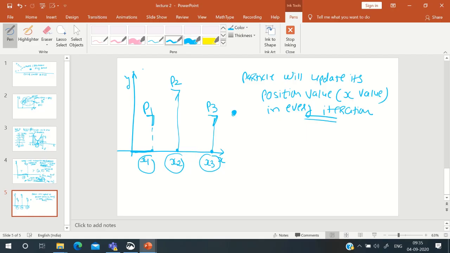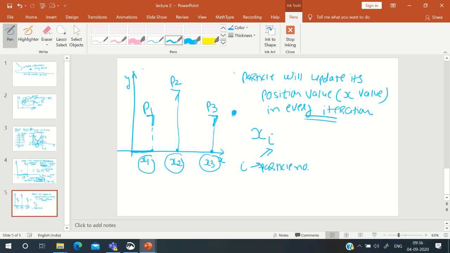So now let us see it mathematically. What is the mathematical equation? For every particle P1, P2, P3, in this case we have considered only three possible solutions, three particles. Let us write i as the particle number. If i is equal to 1, first particle, i is equal to 2, second particle, i is equal to 3, third particle. So xi.